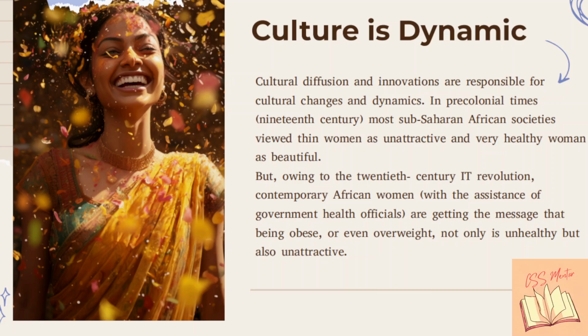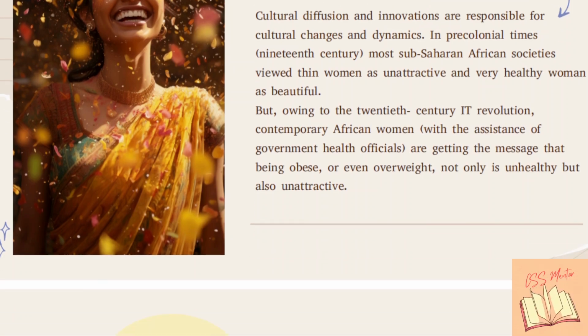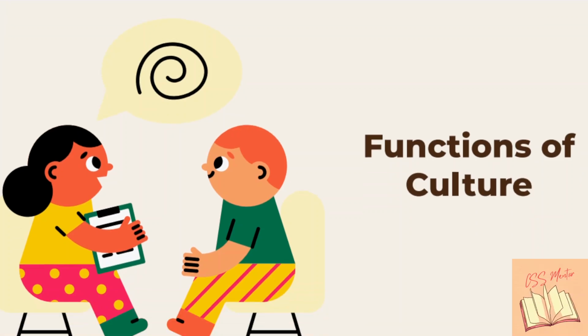But owing to the 20th century IT revolution, contemporary African women, with the assistance of government health officials, are getting the message that being obese or even overweight not only is unhealthy but also unattractive. So we can see that the concept of one era can shift in another era. So these are basically the characteristics of a culture.